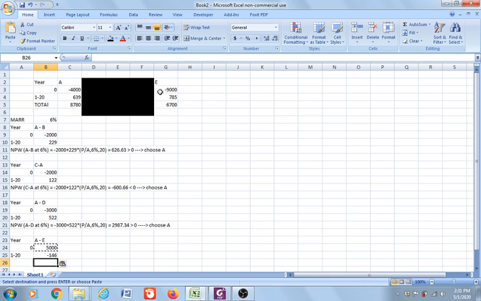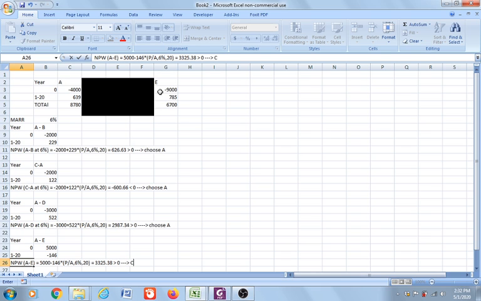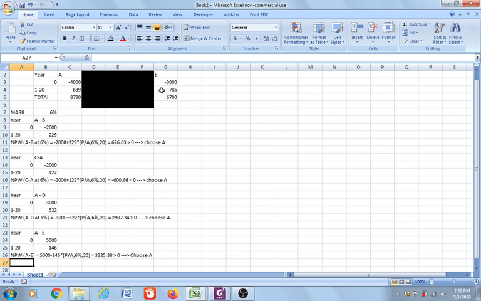Now the NPW of A minus E will be 5000 minus 146 times P over A, 6%, 20, and if you do the calculation, the result will be 332538, and that's bigger than 0, and therefore we choose A. So E is gone.